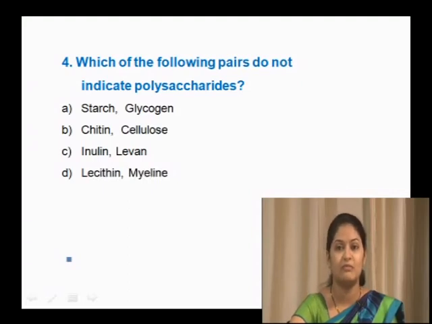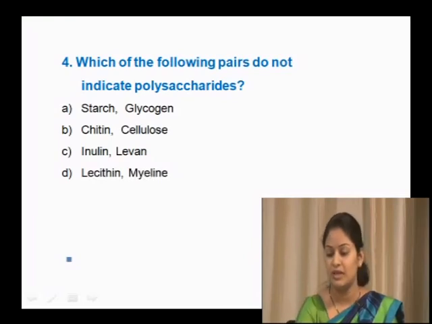Chitin can be found either in fungi or in insects, and cellulose is the cell wall material of plants. Third one is inulin and levan. These are polysaccharides derived from fructose. Last option, lecithin and myelin, are not polysaccharides at all. They are actually lipids, different kinds of lipids referred to as lecithin and myelin.